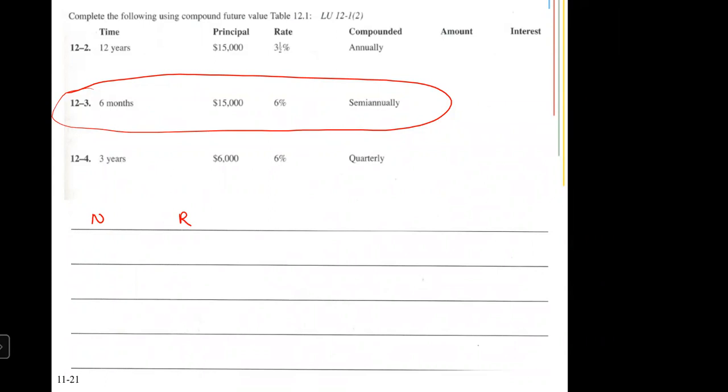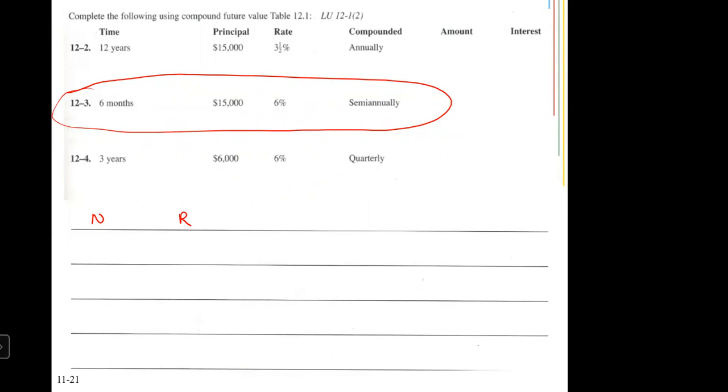Is it 2? If it was 1 year, it would be 2, but it's not 1 year. What fraction of a year is this? It's half a year.